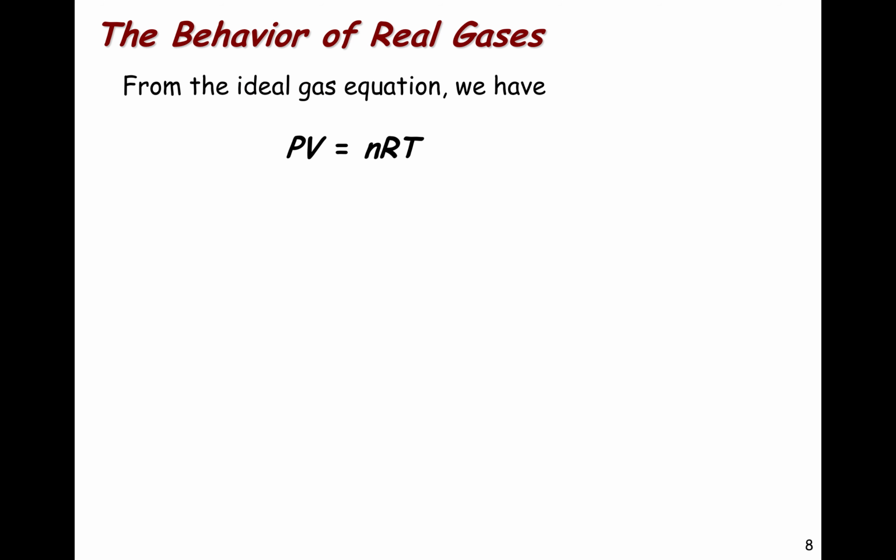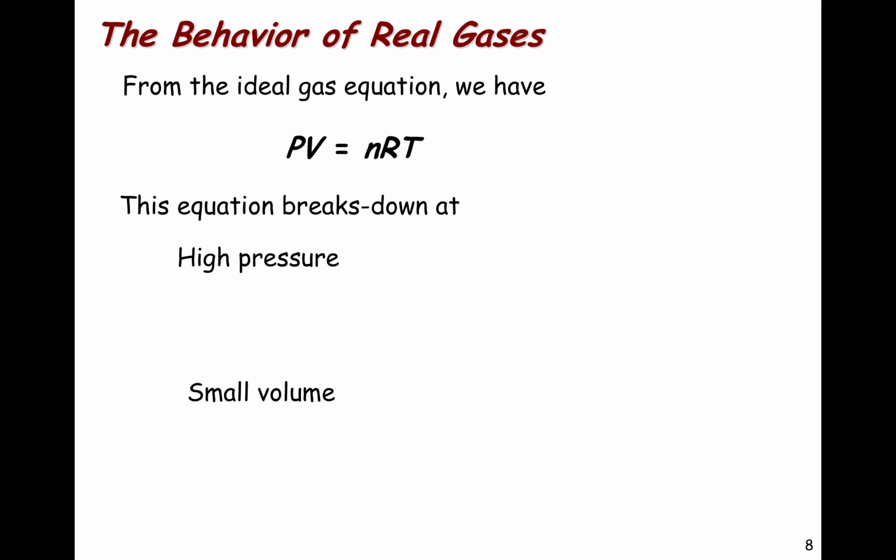At this point, we need to consider how a real gas behaves and how it might be different than the hypothetical ideal gas. We see here the ideal gas law, which is PV equals nRT. It turns out that this equation works really well at low pressures and high temperatures for most gases.